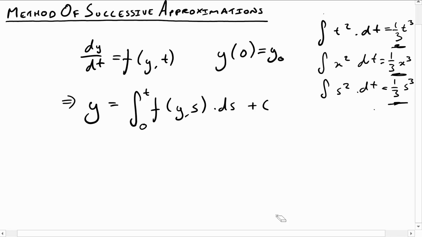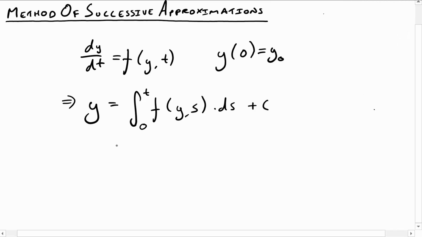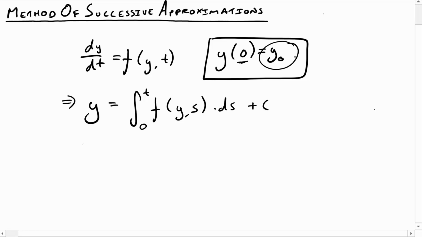Hopefully you've followed that. Okay, so now we basically have everything that we need. If we now use this initial condition and say, when t is equal to 0, because that's what that is saying, y of 0 equals y naught. The of 0 part means that when we set t equal to 0, we get y naught out. So if I now evaluate at t equals 0, let me just write it out again.